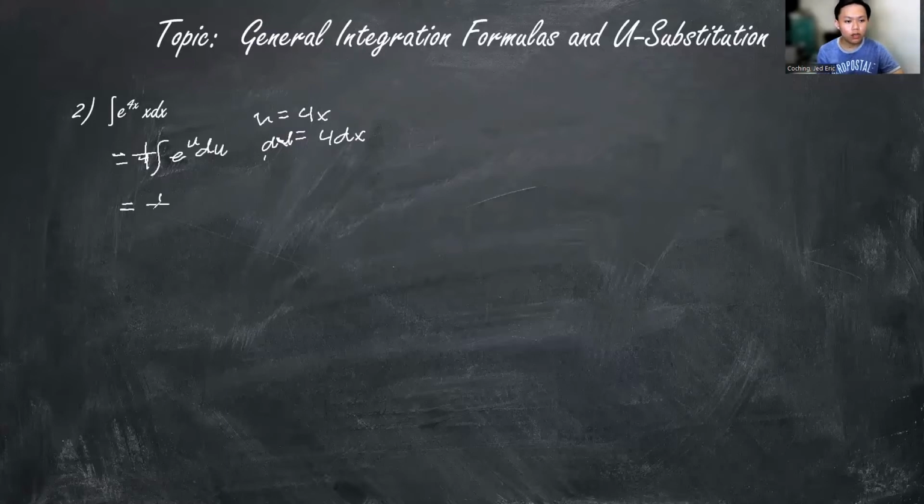So 1 divided by 4 times e raised to u plus c. Now we just need to replace the u. So 1/4 e raised to 4x plus c.